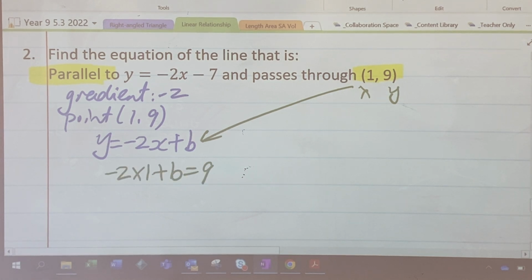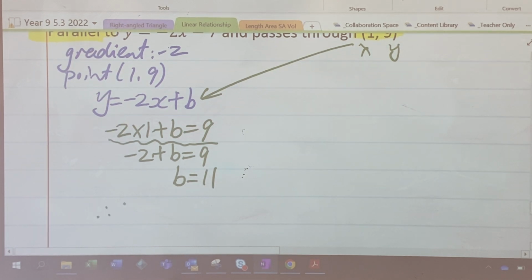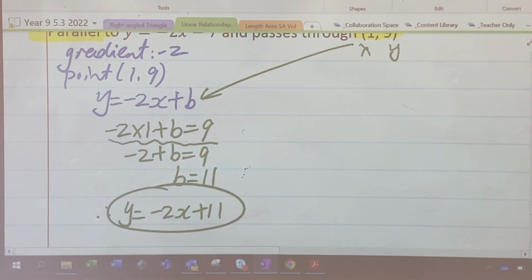I know this is easy, and some of you can do this in your head, but do the substitution as well. So minus 2 plus b is 9. What's b? 11. Good. Therefore, you can make your conclusion, y is mx plus b, and you finish. Identical to last week, with a tiny extra bit today.